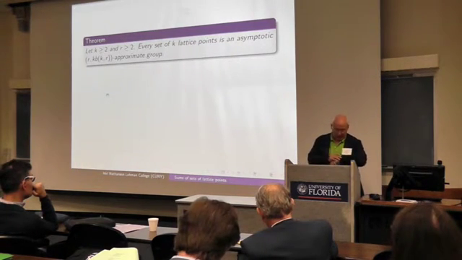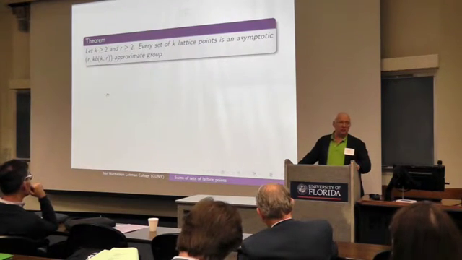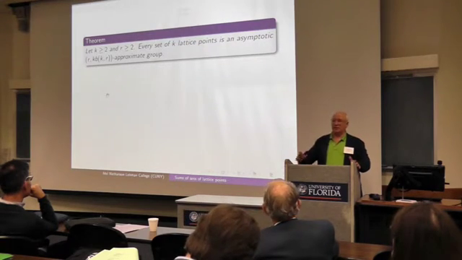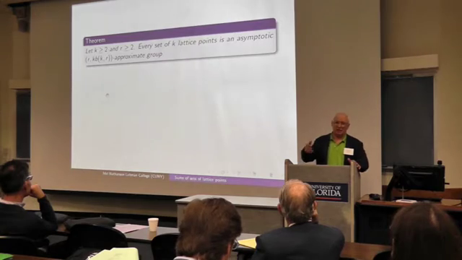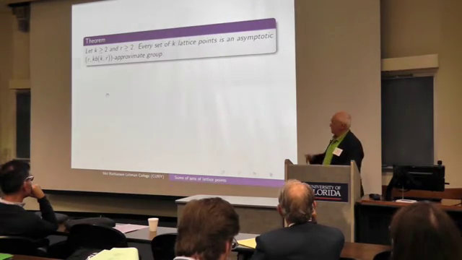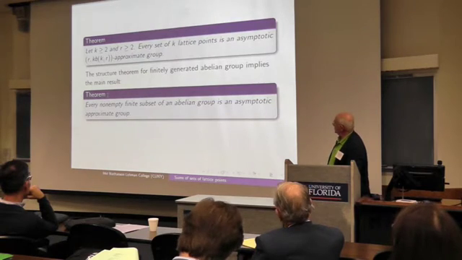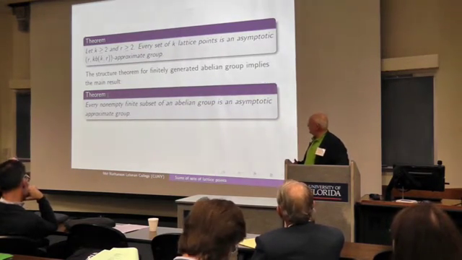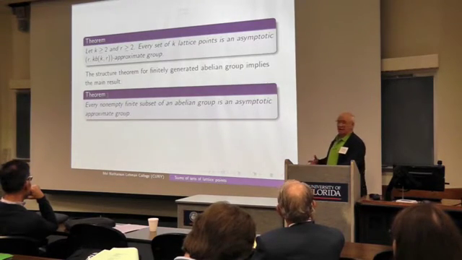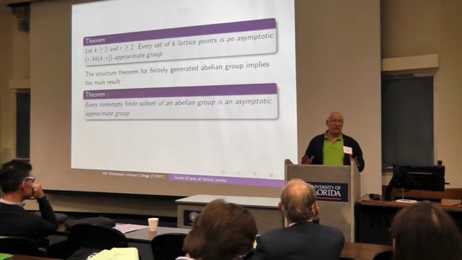Then you put that together with the structure theorem for finitely generated abelian groups: every abelian group is essentially a lattice plus a finite piece, and finite abelian groups are approximate groups. So you get the main result: every non-empty finite subset of an abelian group is an asymptotic approximate group. That's what I said in the beginning.